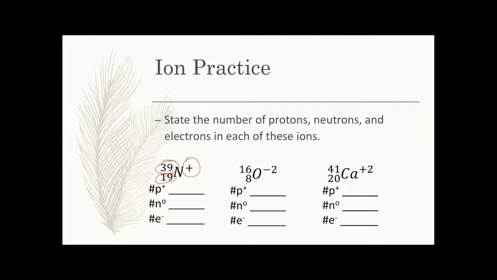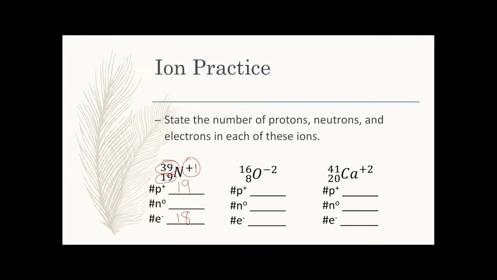Well, protons never change, they always equal the atomic number. So this means we have 19 protons. Well, that positive charge means that we have one more proton than we do electron, because this one is imaginary. So that must mean that we have to subtract 1 from 19, which gives us 18 electrons.